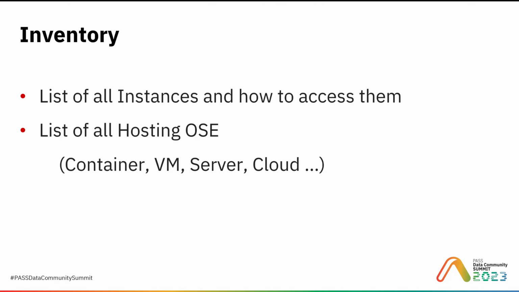I now call it OSE, and therefore I don't have a problem. But I also need a list of all of them, because usually to get things like free disk space, I have to talk to the operating system and cannot get that information all the time through SQL Server. And lots of performance counters are only available directly from the servers and not from SQL.